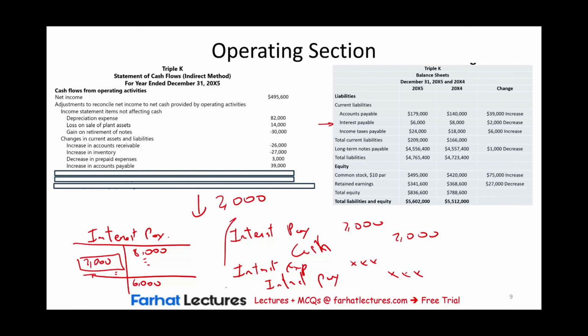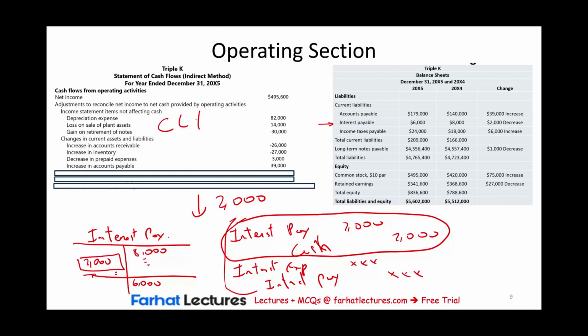So when we net all these transactions, debiting interest expense, crediting interest payable, all in all, what's left is we paid off interest payable by 2,000. Well, if we spend an additional 2,000 to pay off interest payable, interest debt, it means we used up the cash. So if current liabilities goes down, you guessed it, cash goes down.